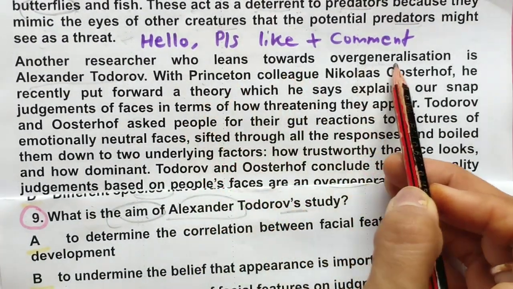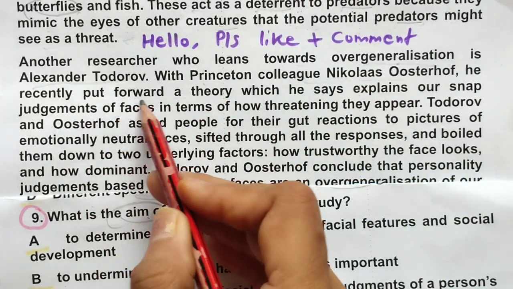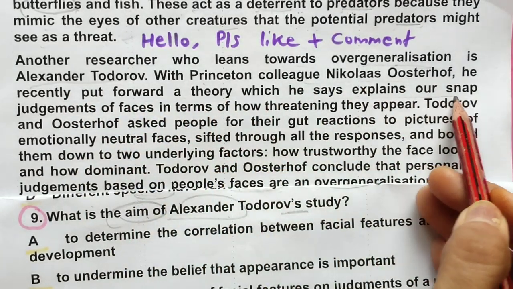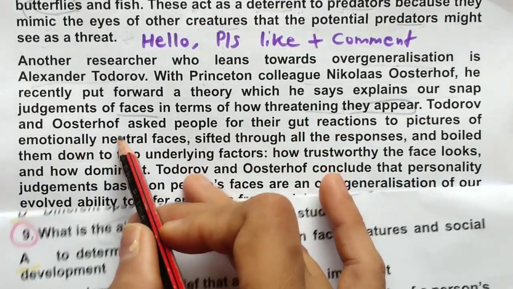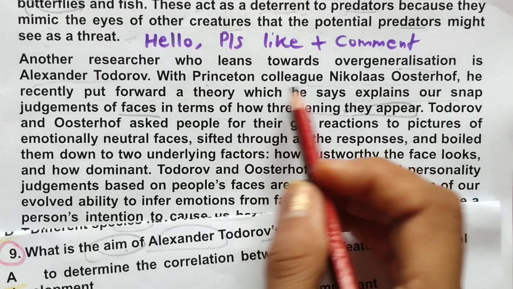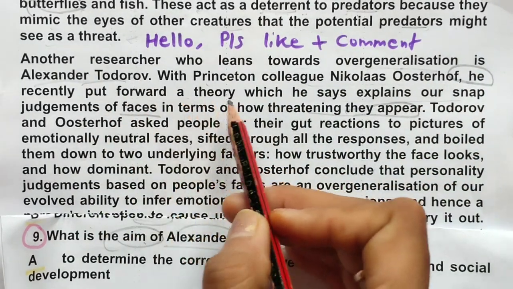Towards overgeneralization is Alexander's colleague Nicholas Todorov. He recently put forward a theory which he says explains our snap judgments of faces in terms of how threatening they appear. It means this is the thing they are talking about.